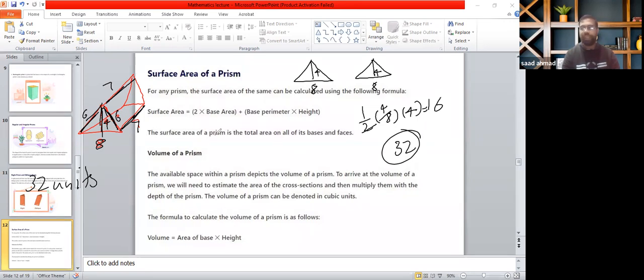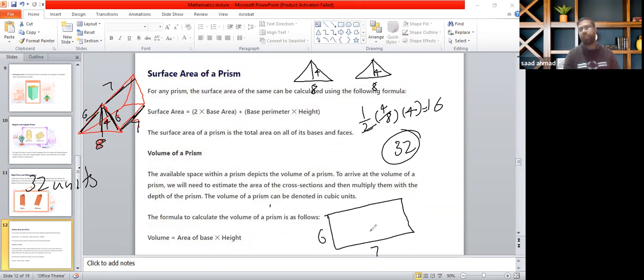Now we will do the lateral faces. There are 3 lateral faces, and those are rectangles. If you see, it will be like this. This is 7, this is 6.